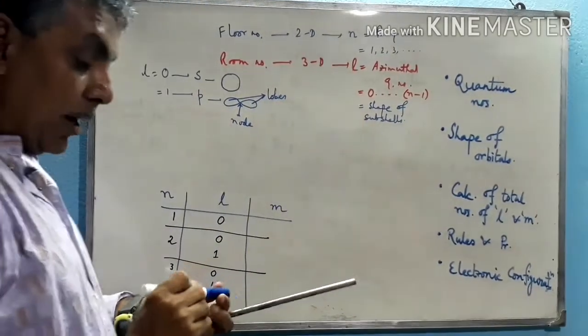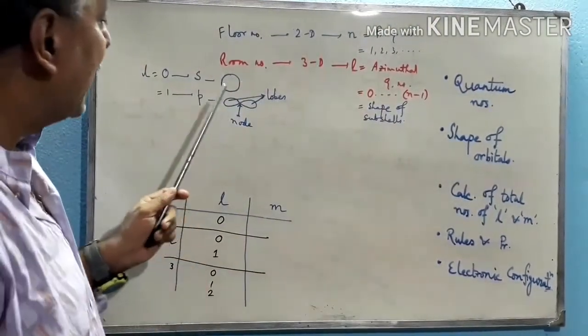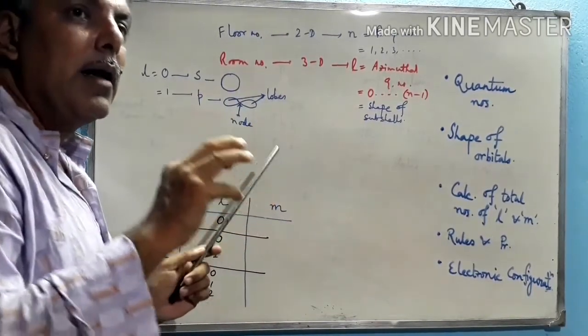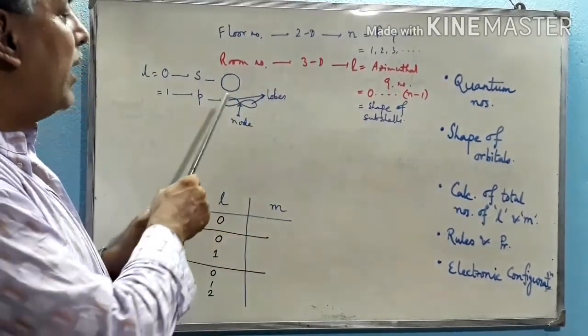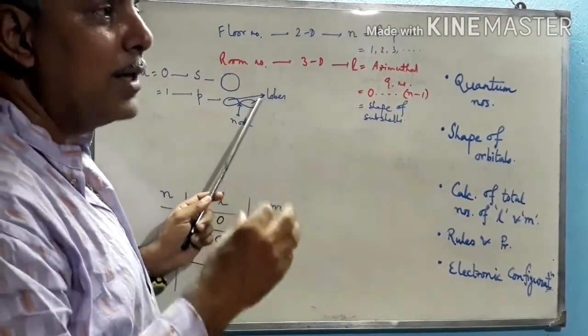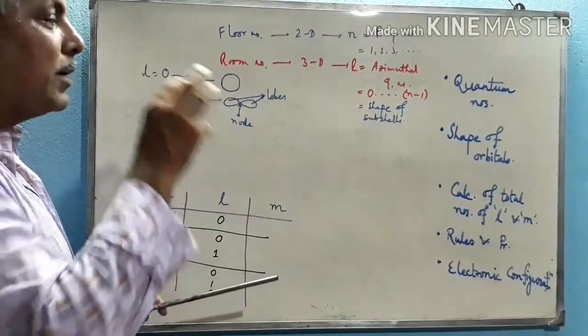According to the quantum mechanical concept, the electron has no tendency to reside at the node. That means at the node, the probability of finding an electron is 0. But at the lobes, the probability of finding an electron is maximum. So the electron must reside at the lobes, not at the node.